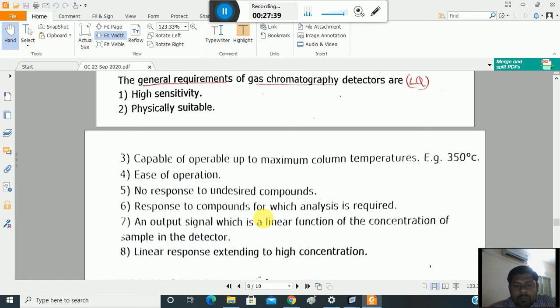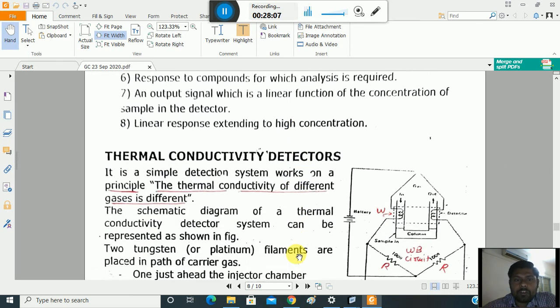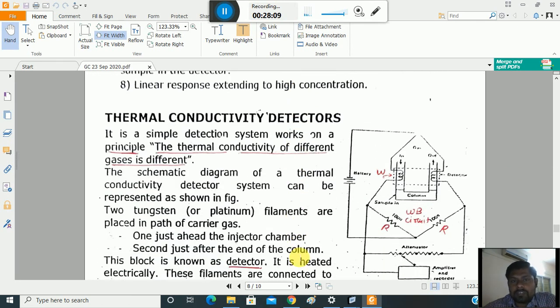It must respond to the analyte undergoing analysis, with an output signal that is a linear function of the concentration of the sample. That means over some range of concentration, you must get a linear response with regard to the analyte, with linear response extending to high concentration. Those are the points you must keep in mind whenever you choose the detector.